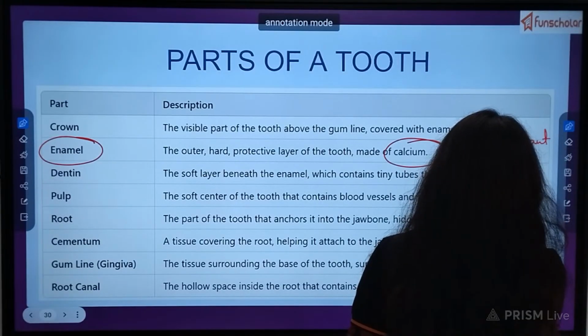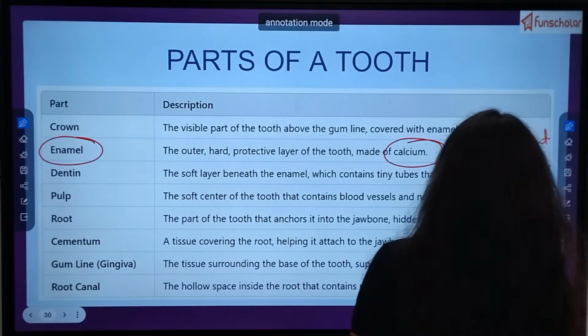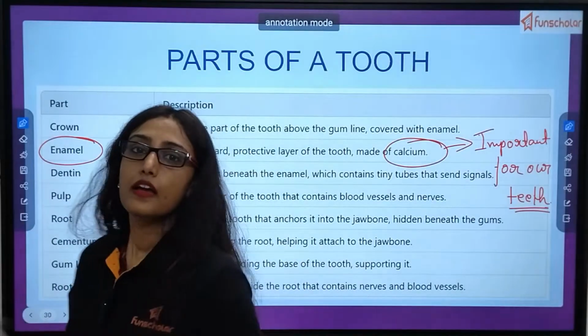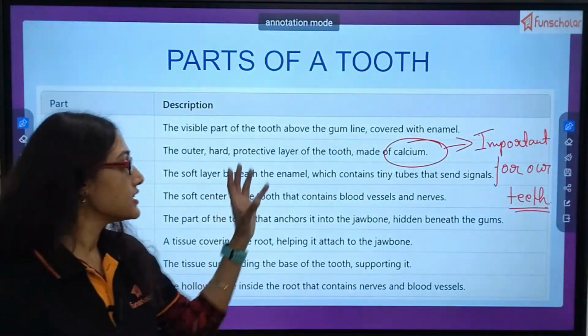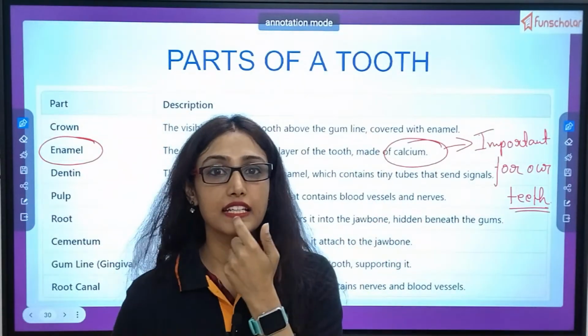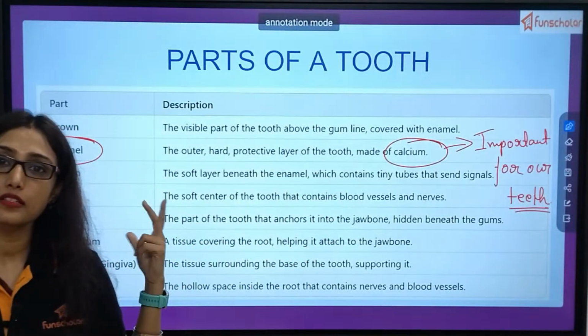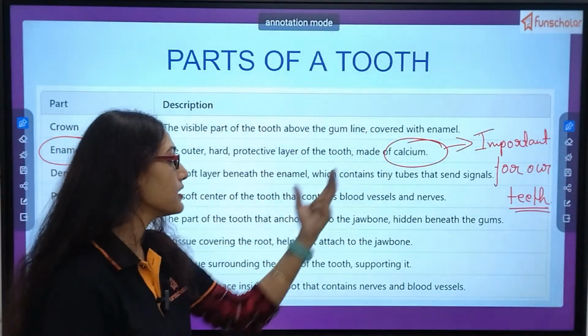for our teeth. In food and health chapter, we have read that calcium is the most essential mineral for the growth of our bones and teeth. Why? Now you can understand. See, every chapter is so much related to each other.